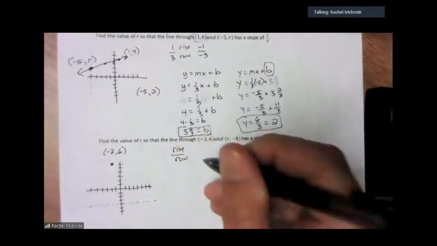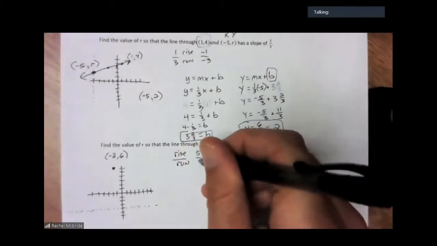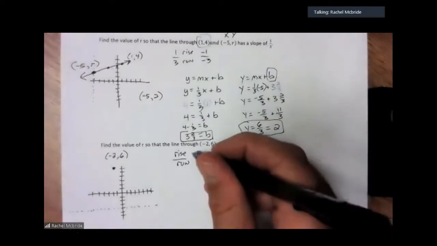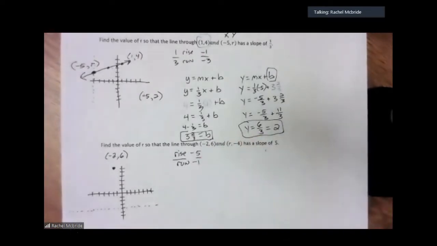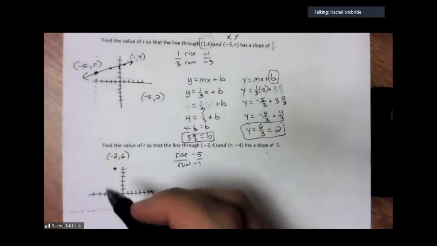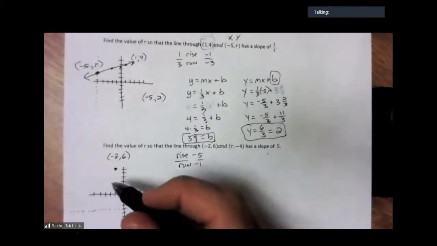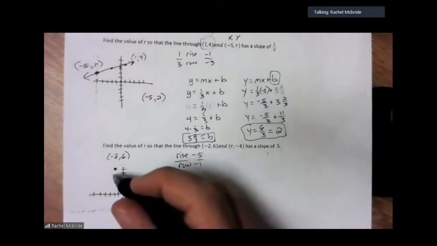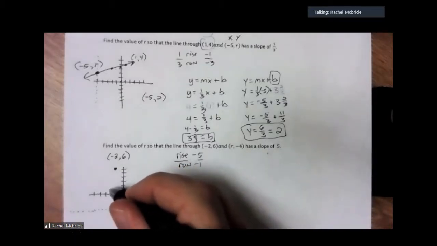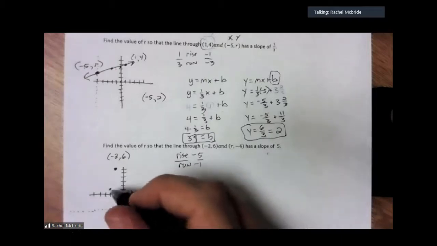Okay? But look at my slope. My slope is 5. So I have a rise over run of 5, or 5/1. And it could also be a rise over run of -5/-1. So what I would do, I could drop down 5 spaces and then move left 1. There's 1, 2, 3, 4, 5, and then move left 1. That would be right there. I could do that again.